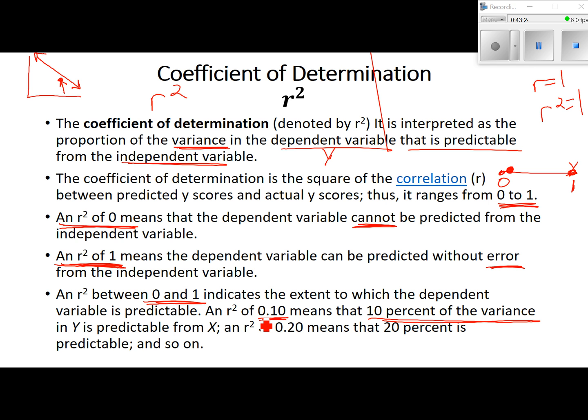Well, that's not very good. If you can only explain 10% of the variation, then subtracting from 100%, 90% of the variation is unexplained.